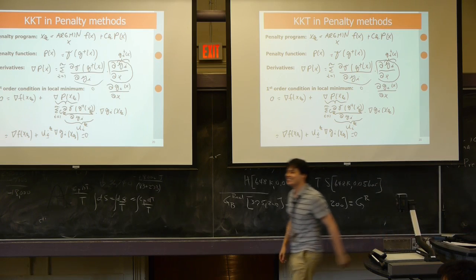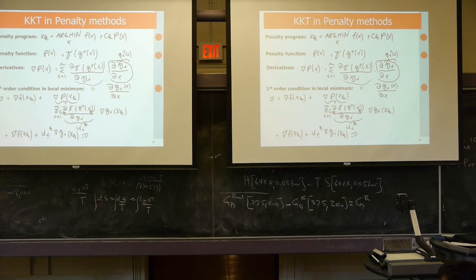What? I cannot hear. Oh, okay. So just name one. So okay. What I want to say here is that they look like Lagrange multipliers, right? Although the derivation was completely different. We introduced penalty functions, calculated its derivative, and we got this form.